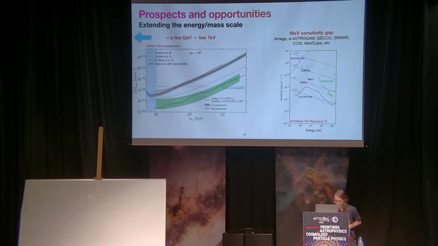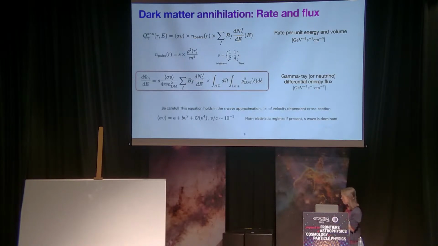So this is what you need in order to recast. Yeah, for example, if the paper tells you that it excludes a given cross-section for a given mass and gives you all the ingredients that they use to compute the geometrical part, then you can get back the spectrum, so the flux of dark matter.